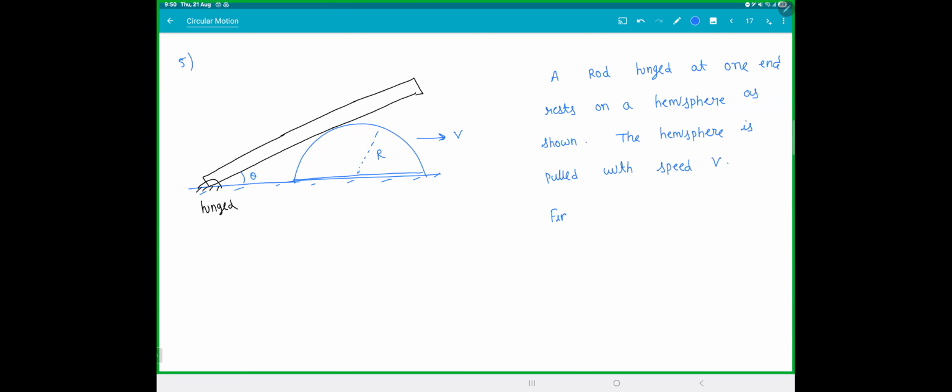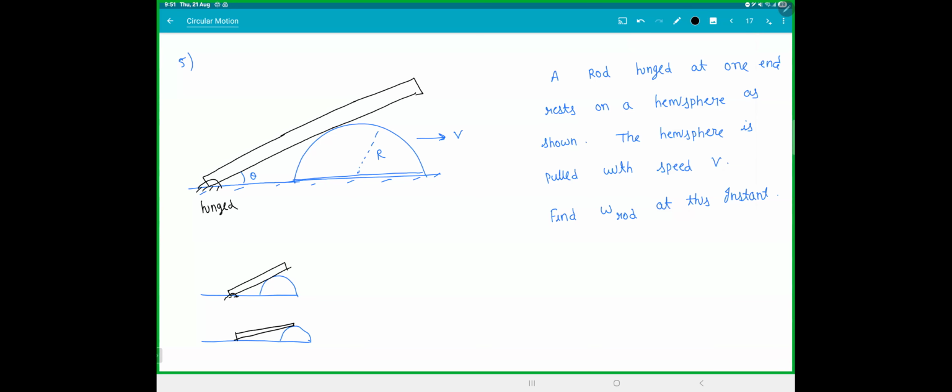Find omega at this instant. Find the angular velocity of the rod. So you can ask yourself, what happens if you look at the picture here? This is how it will look. After some time, here this was the hemisphere. This was the rod. After some time, the hemisphere will move somewhere here.